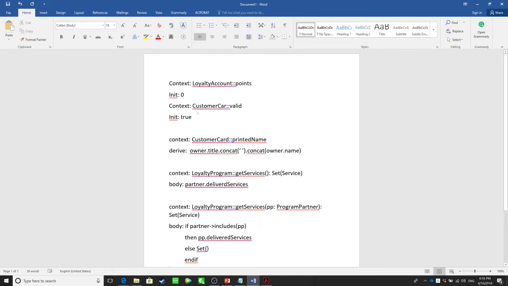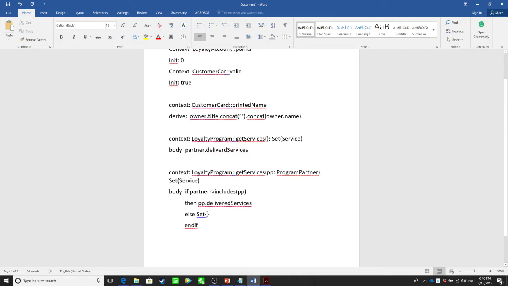Or we can assign a string to a string attribute as well. Also we can use the derived value to assign such kind of value. The other thing is we specify what an operation does, like the get service. One way we specify it as get all the services. Another way is we specify it as get services from some certain company. But obviously, if we are doing that, we need a parameter, like which company.